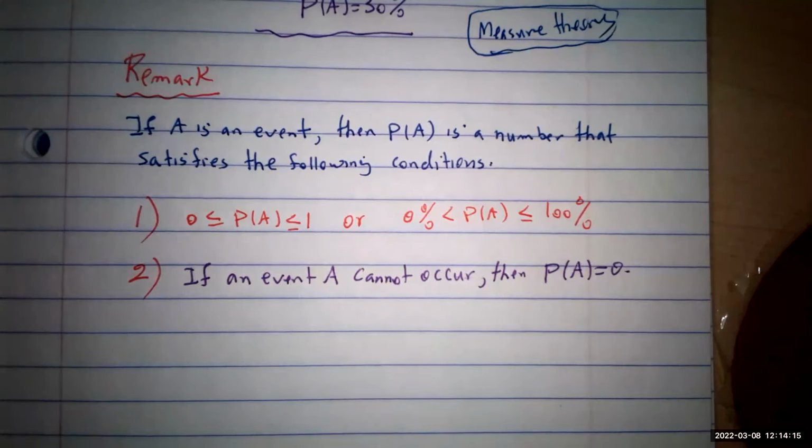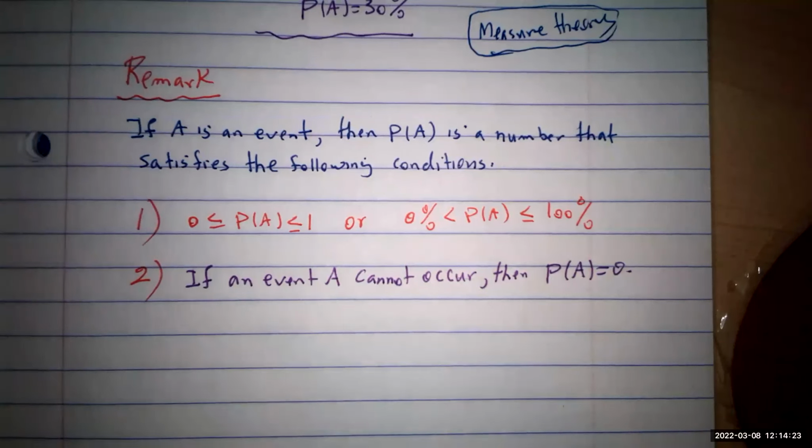So when are you going to get 1 or 100%? If you are quite sure that this event can happen, in this case, the probability would be 100%.